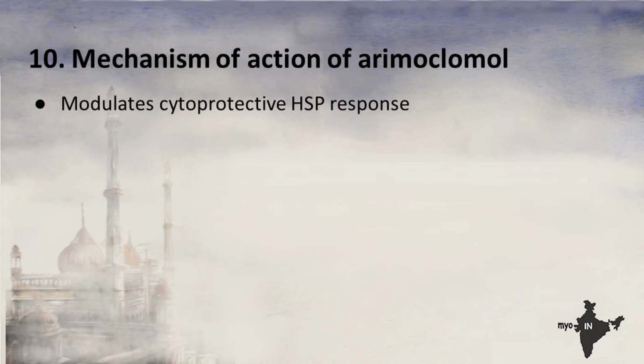Cytoprotective heat shock proteins, it upregulates them. I'm not sure which one exactly. Yeah. And the disease? Inclusion body myositis. Yeah, but the previous disease it's been trialed in. I think it was in Gaucher's, if I'm not wrong. Was it MND? Okay. Maybe.